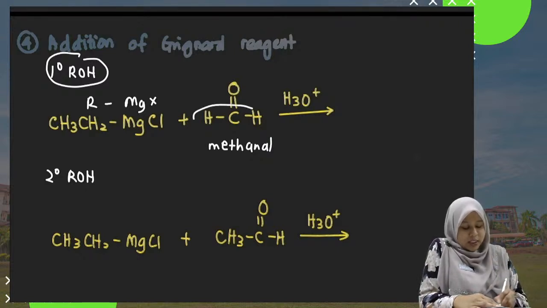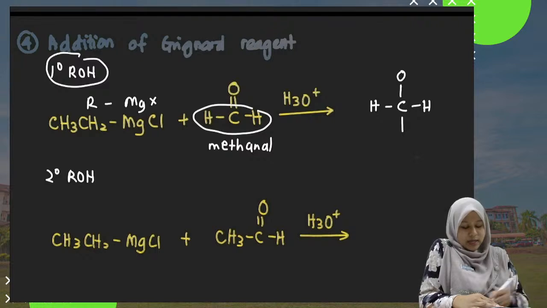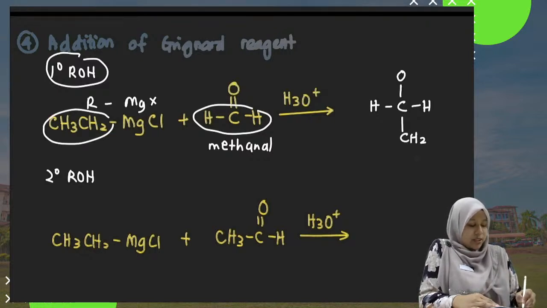Kalau kamu react dengan metanal, macam mana kita nak dapat produk dia ni? So copy structure metanal ni, kamu ada CH, double bond jadikan single. Yang atas double bond ni kamu pecah kepada single. So here kamu ada O. Bawah dia kamu isikan dengan alkyl group daripada Grignard reagent.